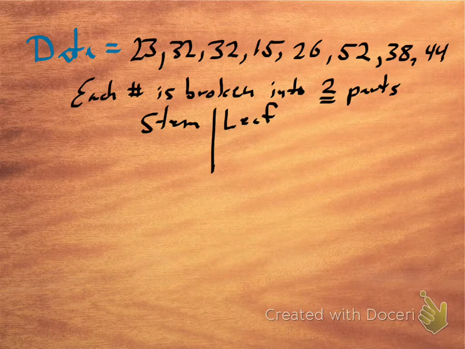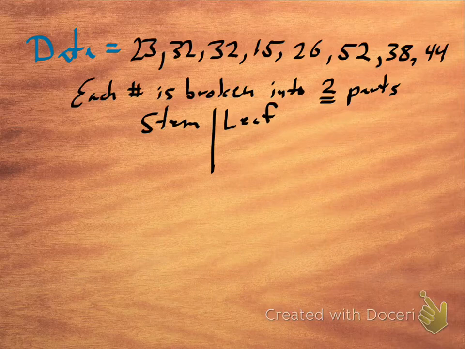If you had a three-digit number, you have some decisions to make, and sometimes it's going to make sense to have two digits be the stem and one digit be the leaf. Actually, I take that back. That would be for data that's pretty close together. Whereas if the data was more spread out, you'd probably just have one digit be the stem and two digits be the leaf.